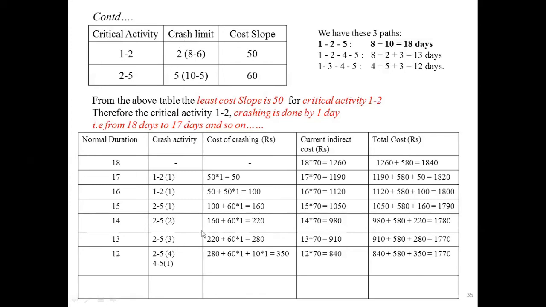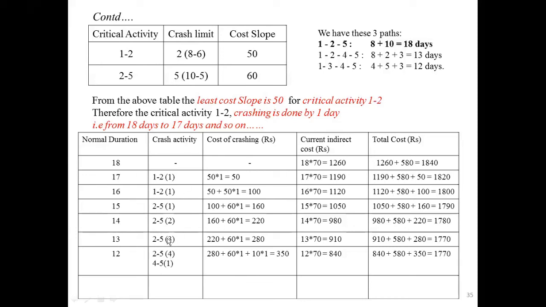Here if you look at the table for 2 to 5, the maximum crash limit is 5 days. That means you can reduce 2 to 5 by one more day. At 12 days, if you check these three paths, all three paths will become parallel critical paths. Out of these three paths, the common activity is 4 to 5 for two paths. For the first path, 2 to 5 is left out and can be crashed by one more day, as you have reduced only 4 days.